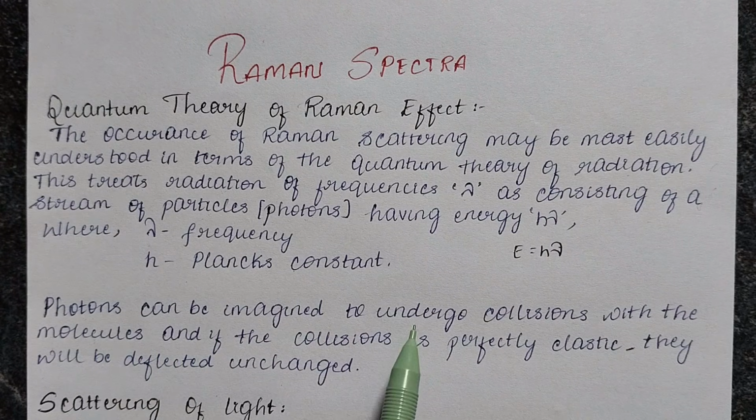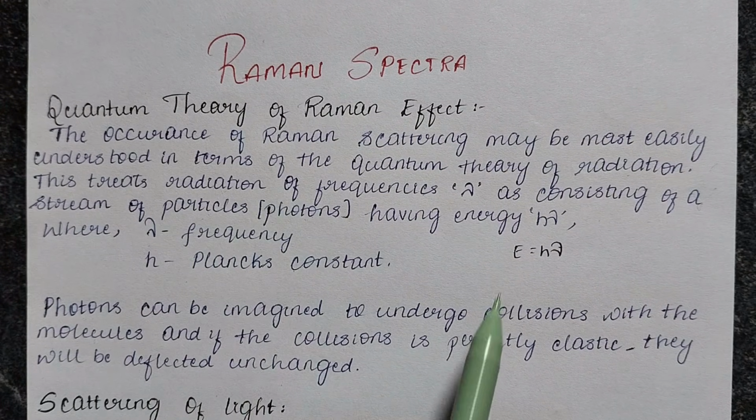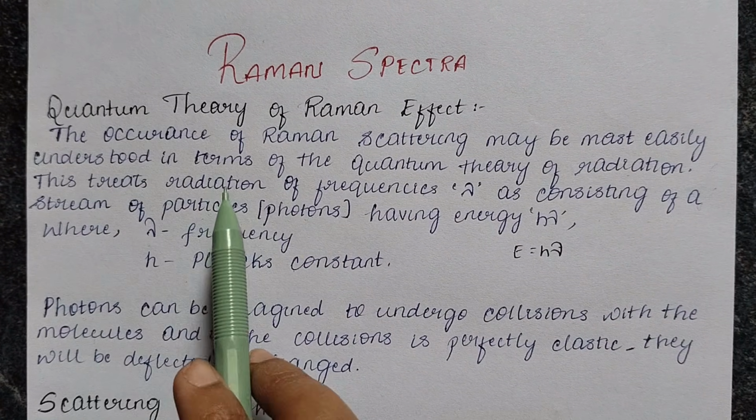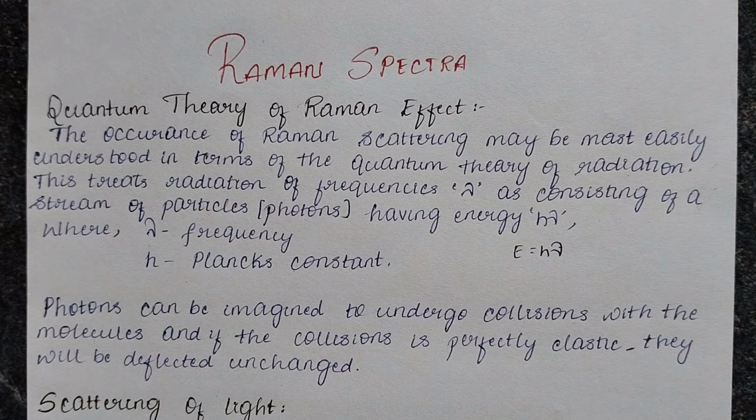Photons can be imagined to undergo collision with the molecules, and if the collision is perfectly elastic, they will be deflected unchanged. So when the radiation moves in one direction from the source, there will be continuous movement of particles or photons in that radiation. And due to the movement of photons, there can also be chances of collision taking place. Those collisions may be of two types: one is elastic and the other is inelastic.